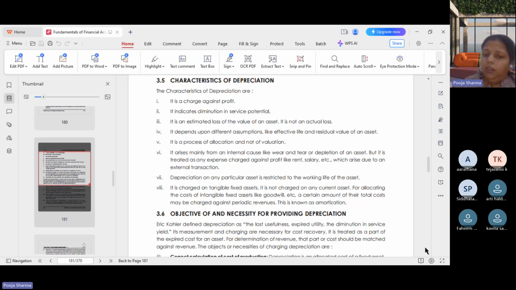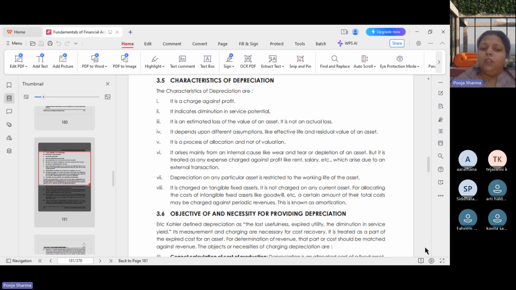If we have estimated 8 years, we will depreciate the asset over 8 years, or 10 years, whatever the time period given. It is charged on tangible fixed assets, not on current assets. Current assets are not used for production, so we don't depreciate them. It is charged on tangible assets like plant, machinery, building, whatever.